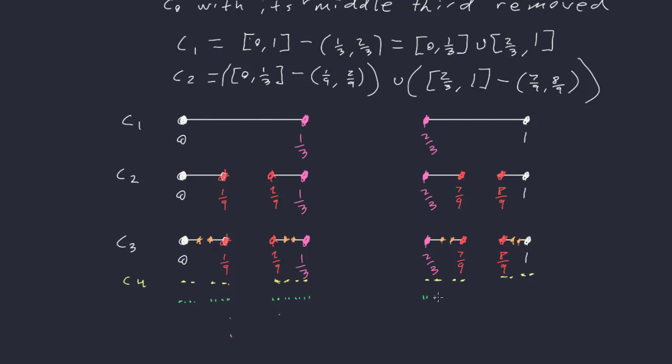But each little yellow line here would give me actually 2. They're not actually dots, they're just very small lengths.